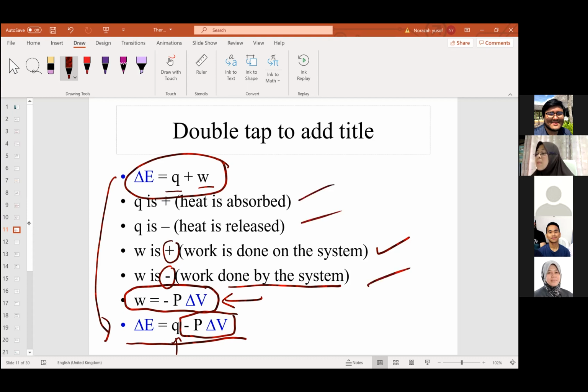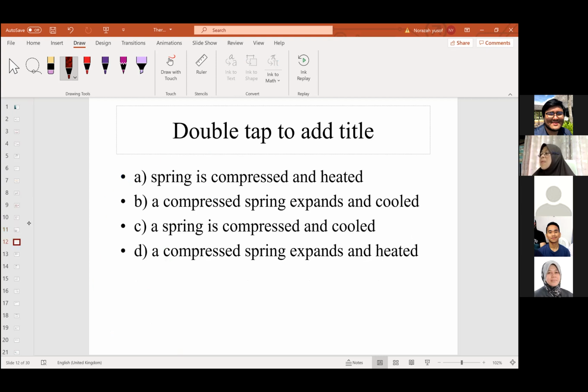We have to consider whether it is going to be a negative or positive sign, then we decide. So do not worry at this moment why I put negative here. It is just an example, meaning the work is done by the system, that's why it is negative. If the work is done on the system, then the sign should be positive.